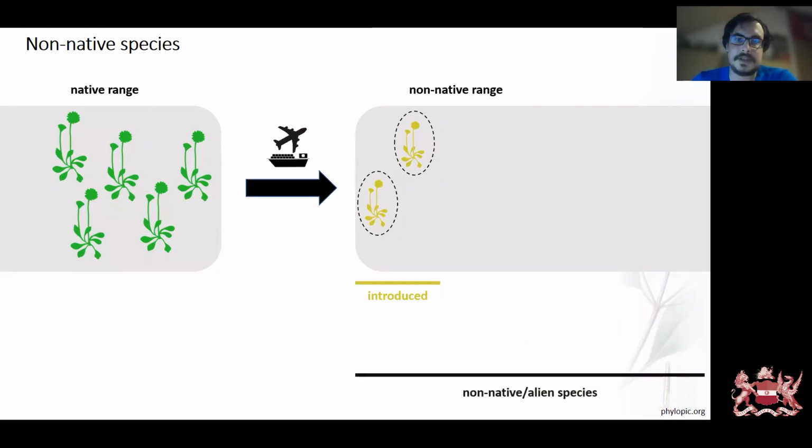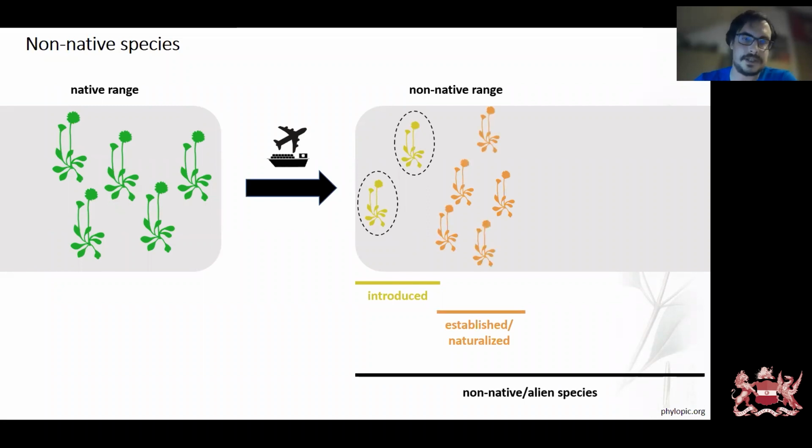If species then move into the wild, into natural habitats, we call them established or naturalized non-native species. So those are the ones in natural habitats that are able to have self-reproducing populations and which we experience if we're out on a stroll, for example.